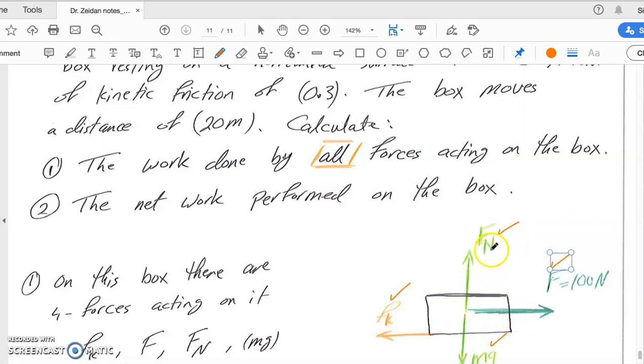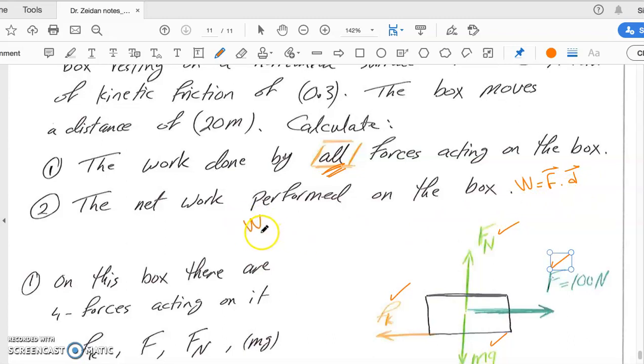All right, guys? When he says by all forces, it means you have to calculate the work done by all the forces. So again, back to the work, it is F times D. D for all of them was 20 meters, but the angle is different.